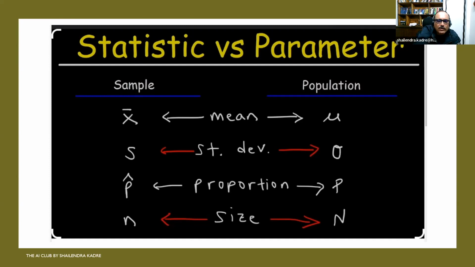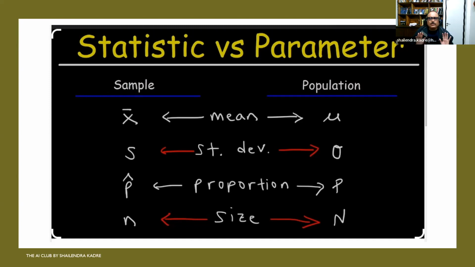Proportion in a sample becomes p hat, and proportion in a population becomes P. Size means total size. 8 lakh is the population of Sikkim, so I'll denote that by capital N, because the population number is denoted by capital N. And if I talk about a small group of people in Sikkim, I'll denote it by small n.